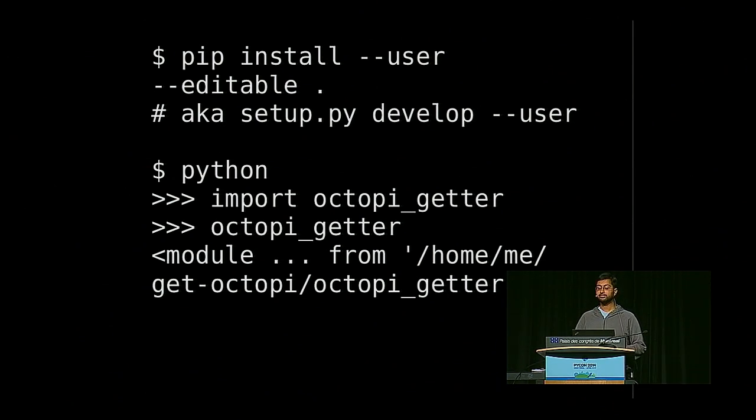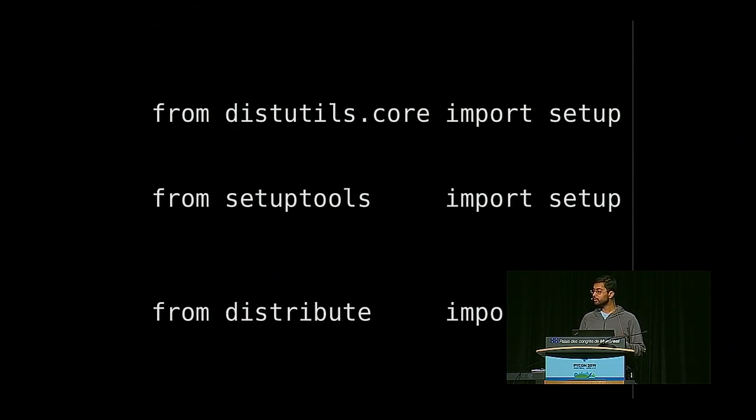So you might have also seen there's a few different places that provide a setup function. We've talked about distutils.core, but there's this thing called setuptools. There's this thing called distribute. What are those? Which one should you use? So distribute is an old fork of setuptools that is now merged back into setuptools. So don't use that. And in that case, you have these two choices.